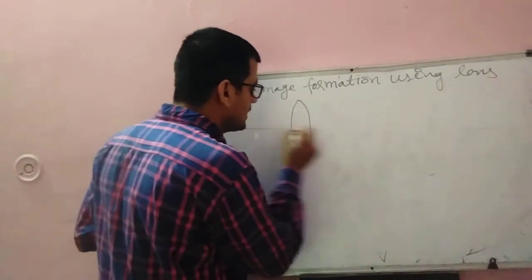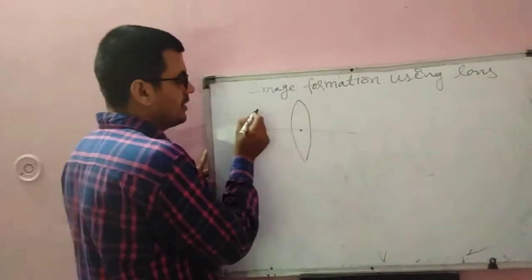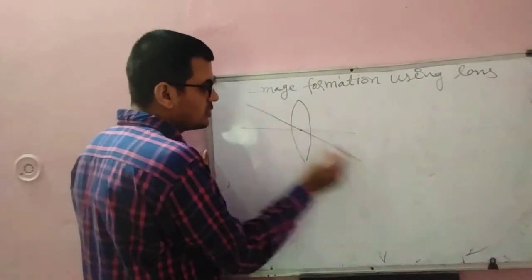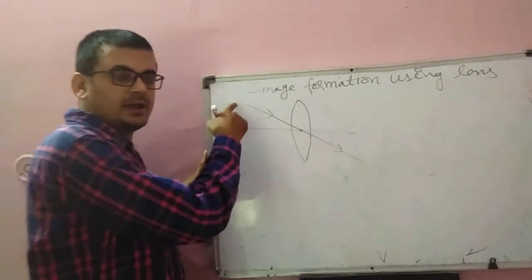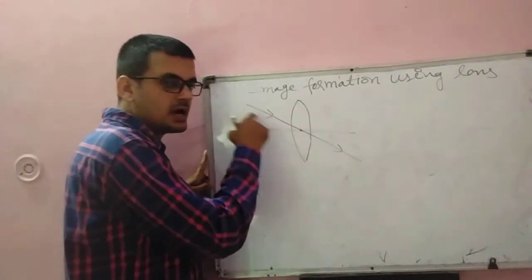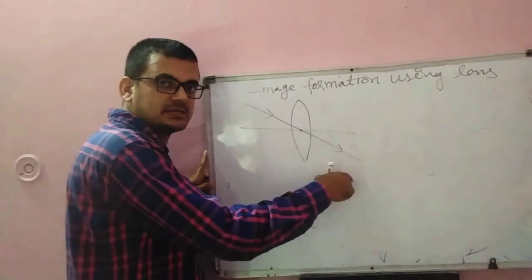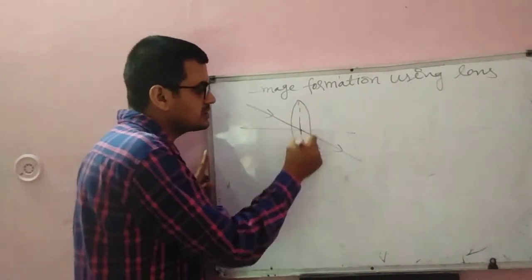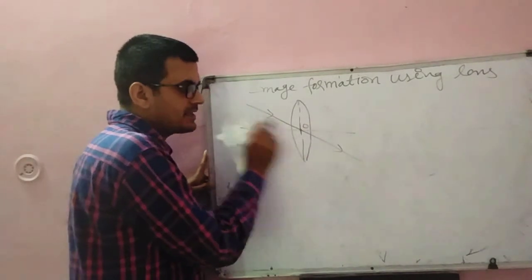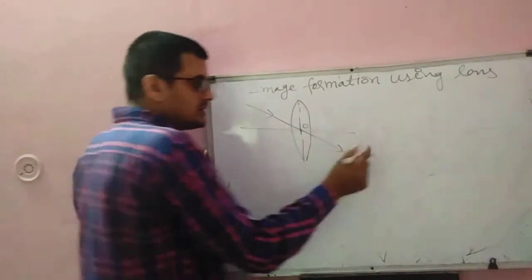This one is the lens and this one is the optical center. Whenever rays of light pass through the optical center, I have already told you what happens. The rays go undeviated. There will be no deviation after the refraction. Whenever rays of light pass through it, they go undeviated.